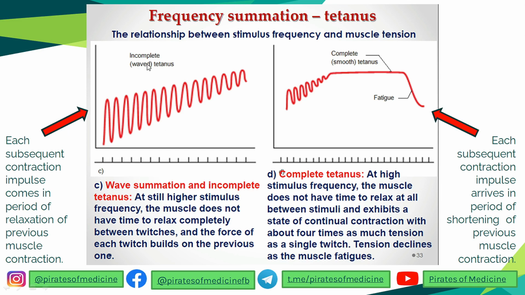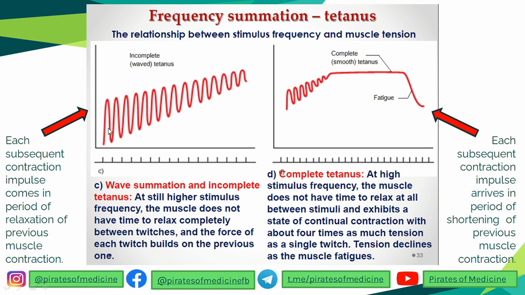So see, this is the first contraction, which begins the incomplete or wave tetanus. The muscle starts to contract, and at a point it starts to relax, and then again it has not completely relaxed.